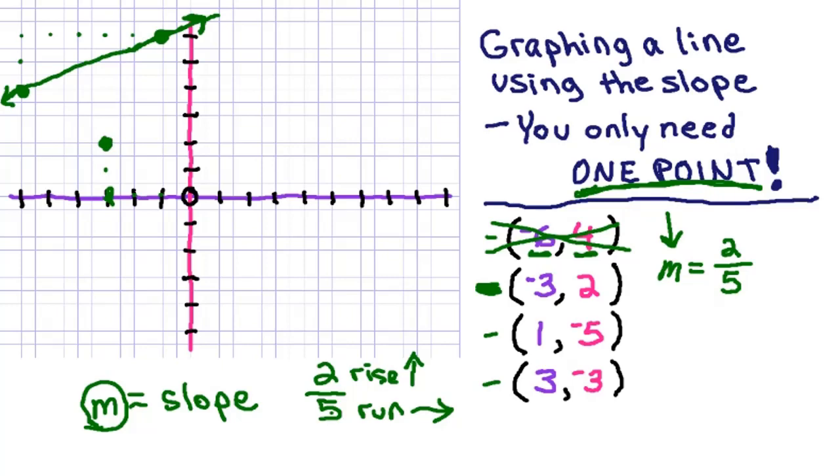So there is your dot, there's your point. Then we're going to use the same slope. 2 is the rise, so 1, 2. And 5 is the run: 1, 2, 3, 4, 5. So there is your second dot, and we can draw a line straight through these dots.